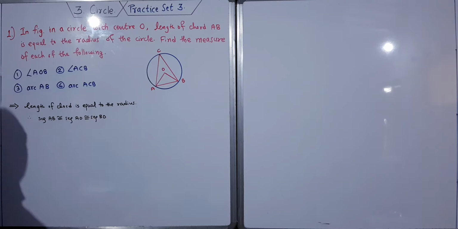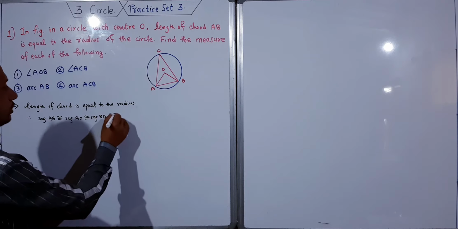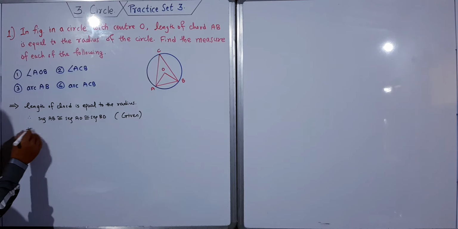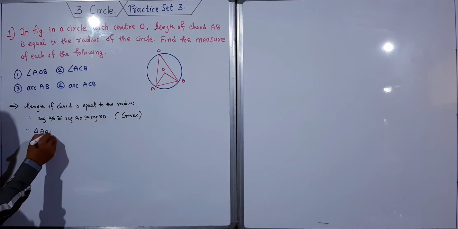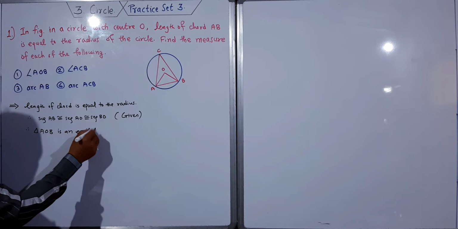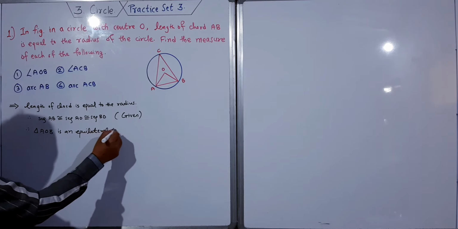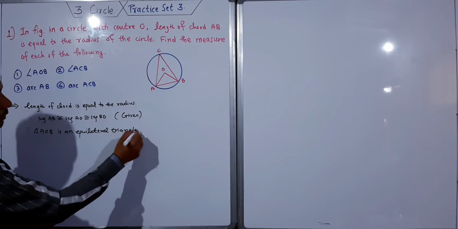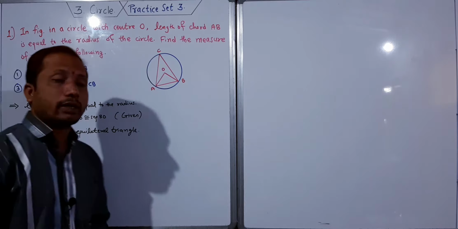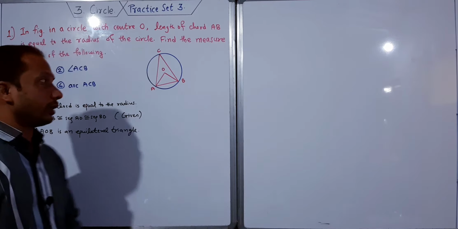This is given. Therefore triangle AOB is an equilateral triangle. If all sides have the same measure, the triangle is known as an equilateral triangle. अगर हर एक साइड का मेजर सेम रहता है तो उसको इक्विलैटरल ट्रायंगल बोलते हैं हम लोग.